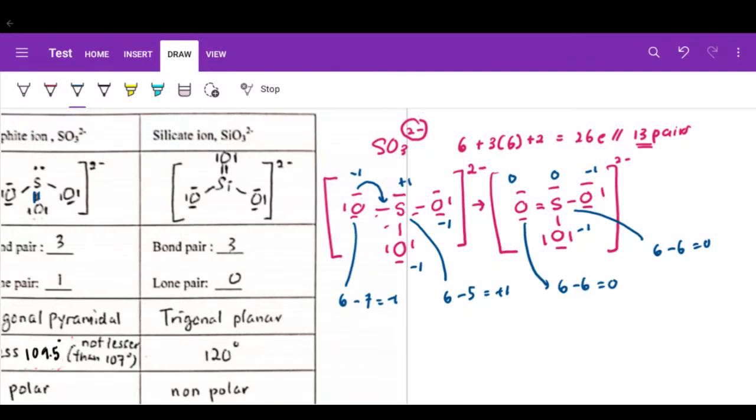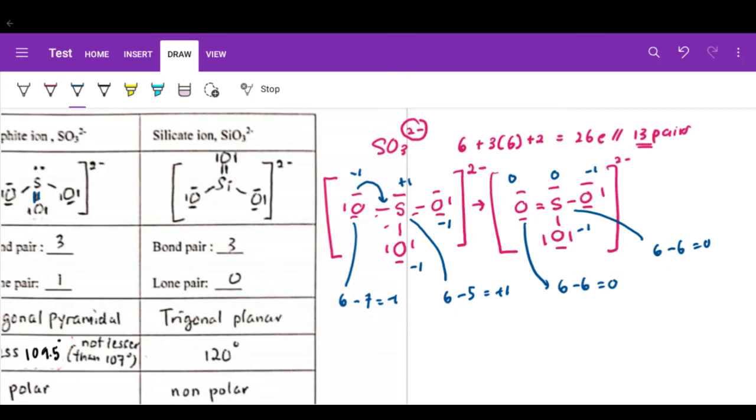Where is the position of silicon inside the periodic table? Make sure you use the same method as I have done for the silicate ion. Make sure you calculate the formal charge to find out the most stable structure.